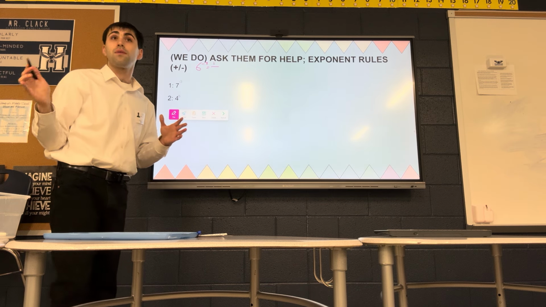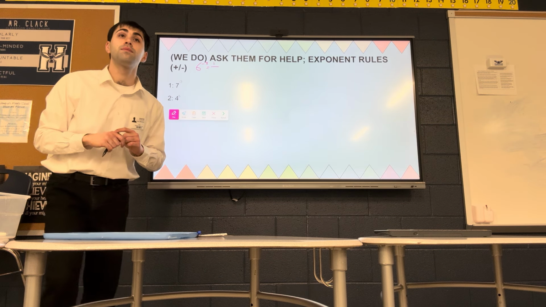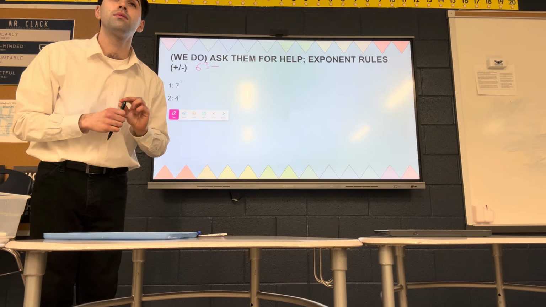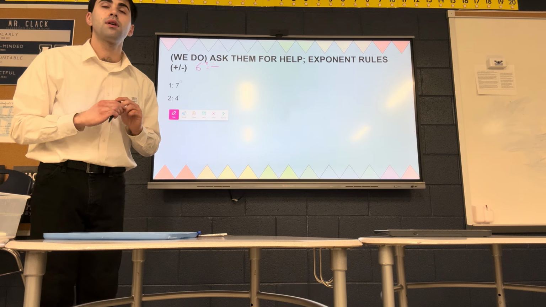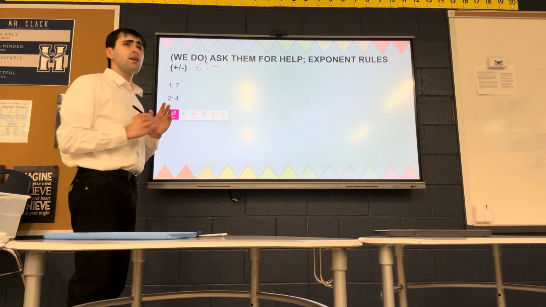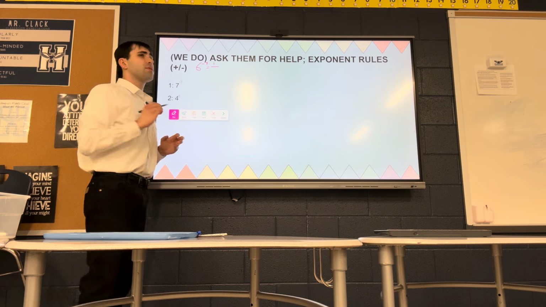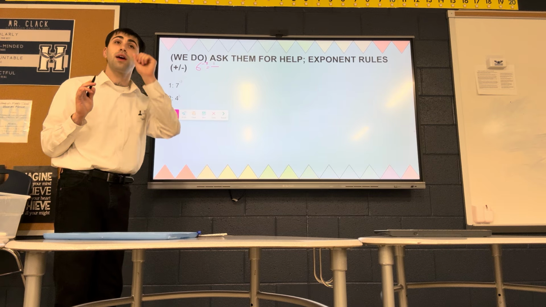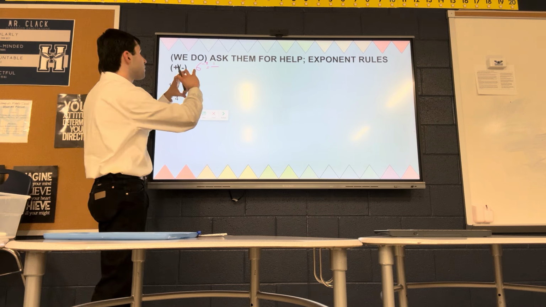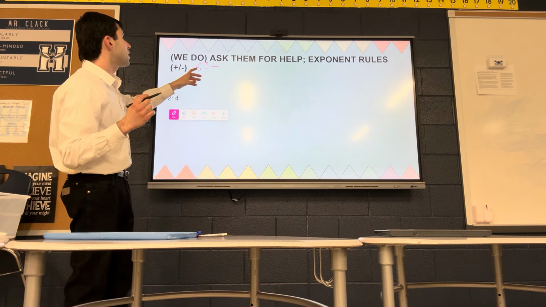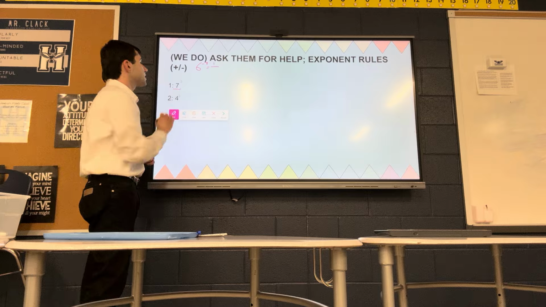6 to the negative 3, yes, I have a question. Not gonna lie, this is kind of confusing. For negative exponents, what you do is you flip the number. So how would you flip this 7?